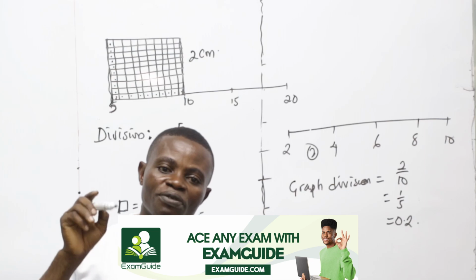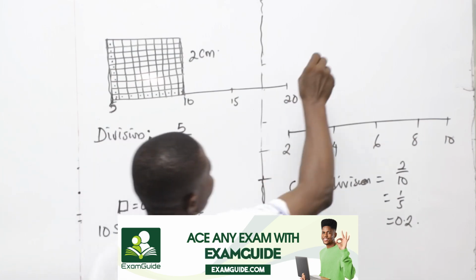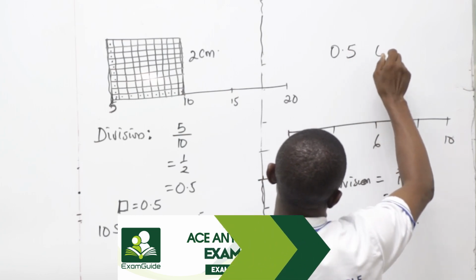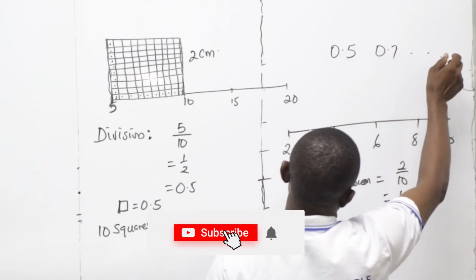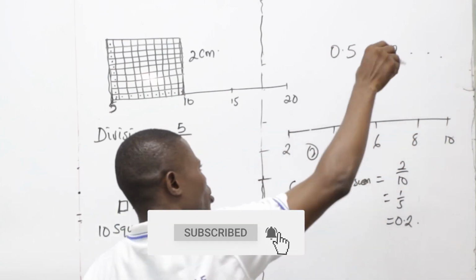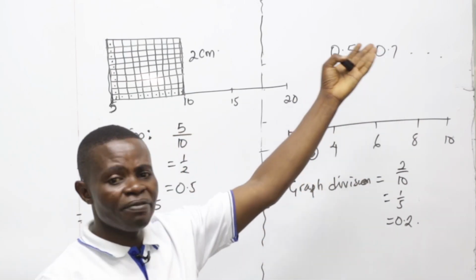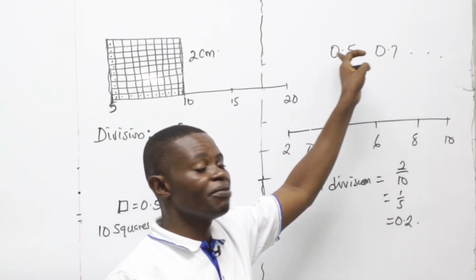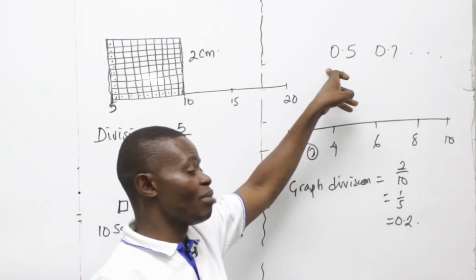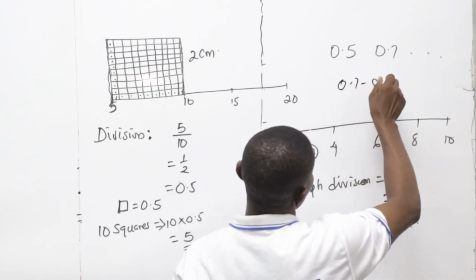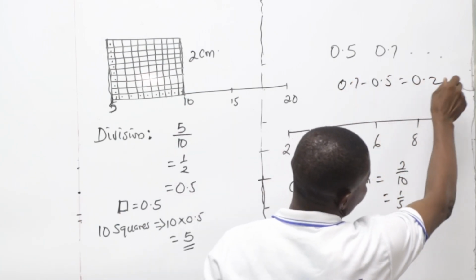And those of you that plot physics graph, because you complain most of the times because you are saying 0.5, 0.7 something something, this should not be a problem to you. What's the difference between the second number and the first number? That is 0.7 minus 0.5, which is what? 0.2.